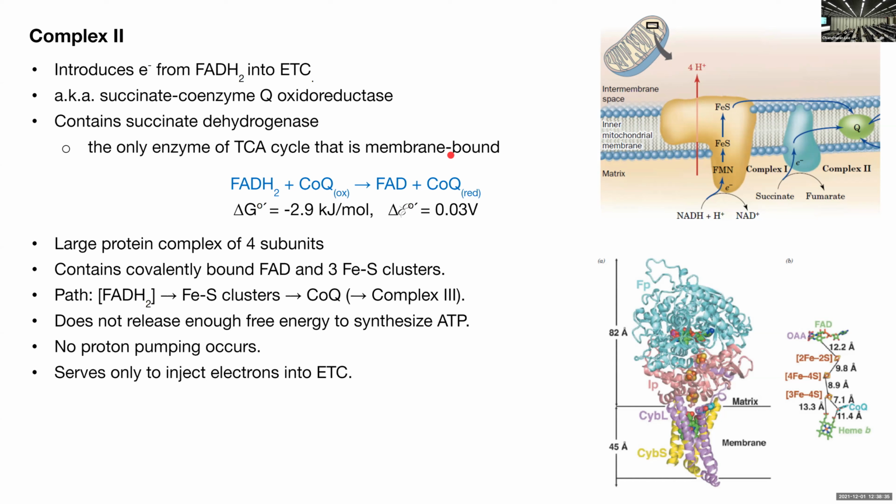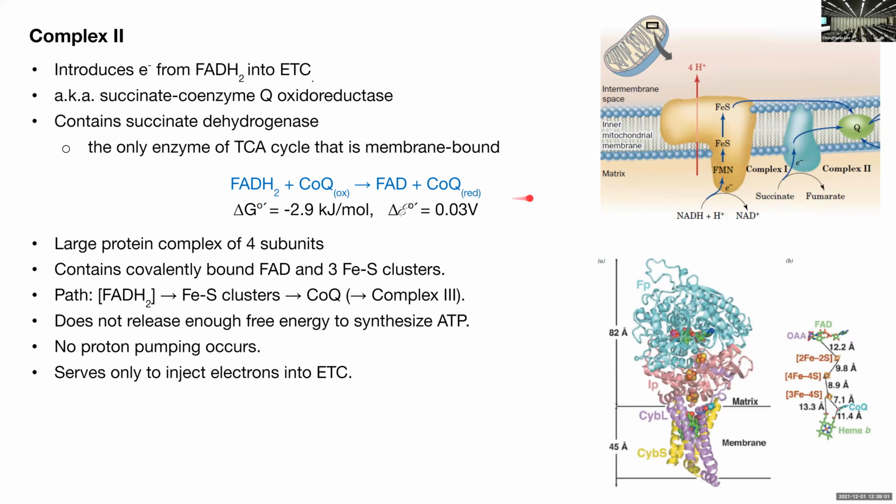So just remember all the TCA cycle happens in the matrix of mitochondria, and all of the enzymes are soluble, so just located in the matrix, except this succinate dehydrogenase. So you can revisit the TCA cycle and see that, and that's a nice link between the TCA cycle and the ETC, electron transport chain.